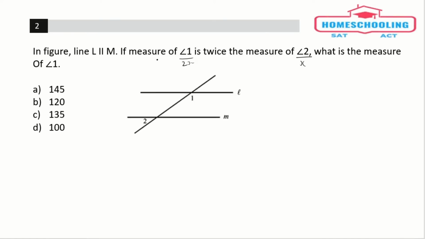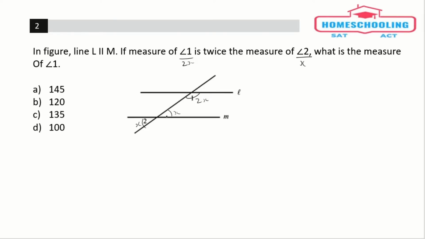Then what is the measure of angle 1? So here we are going to find what is this angle. As we have taken angle 1 as 2x and angle 2 as x, these two angles are vertically opposite angles, so both the angles would be the same, so this would also be x.